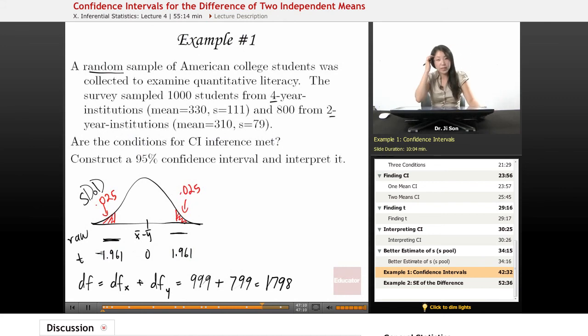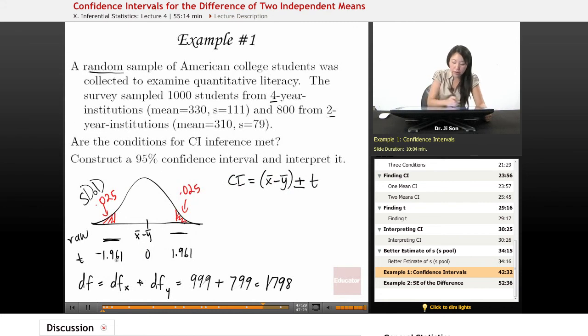Negative 1.961, right? And so let's write down our confidence interval formula and see what we can do. Confidence interval is going to be x bar minus y bar, so the middle of this guy, plus or minus the t, which we now have, times the standard error of this guy. So that's going to be S sub x bar minus y bar, right?